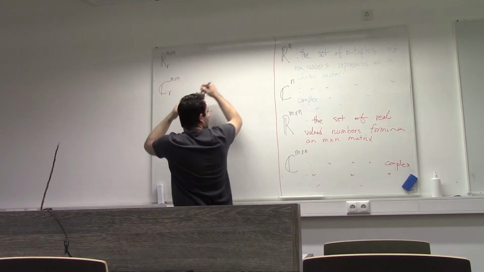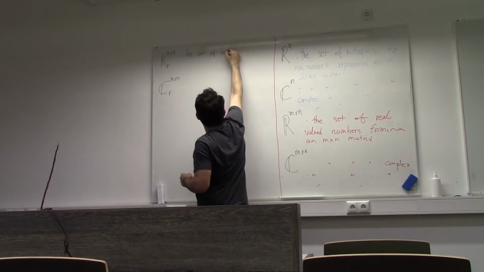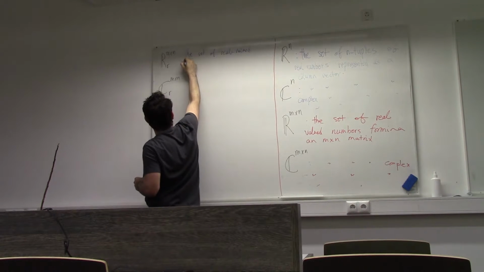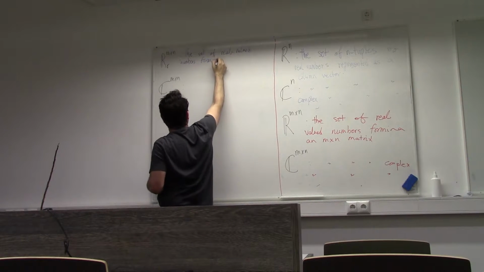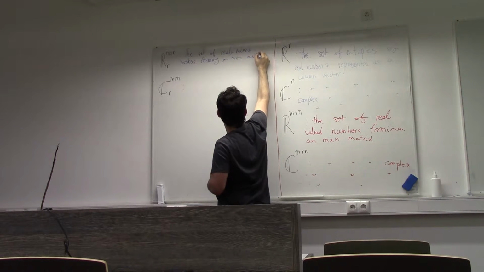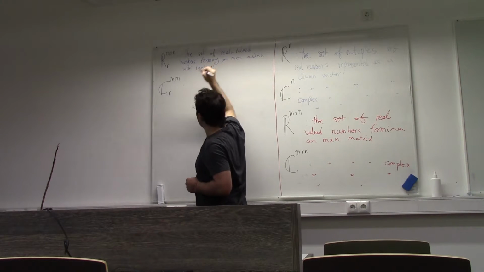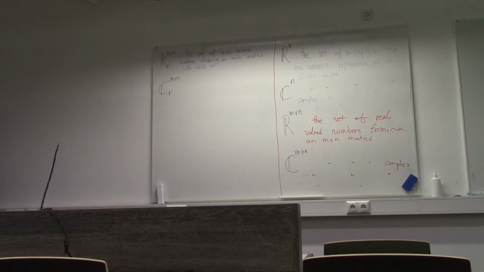This is again the set of real valued numbers forming an m by n matrix with rank r. What is a rank? How do we calculate a rank? It's something that we will discuss in 2 weeks' time with high probability. And it's a very, very important and essential thing.